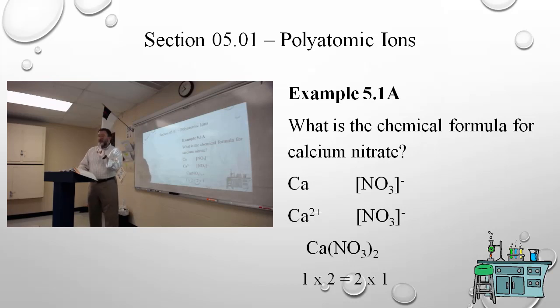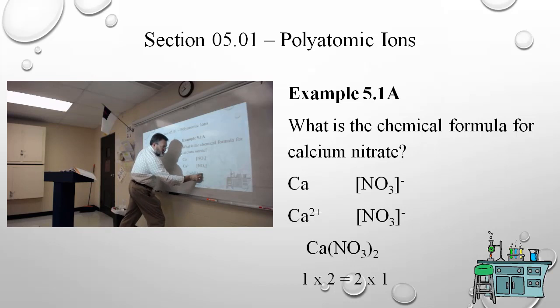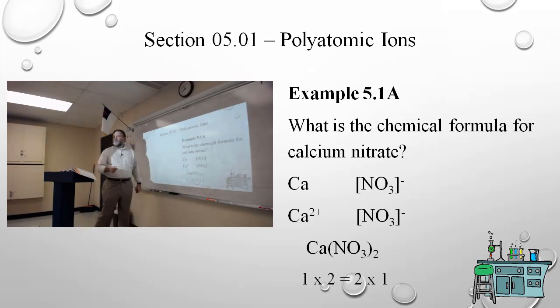How many polyatomic ions of nitrogen do I have? 2. 2 times 1 is 2. There are 2 nitrogens up here. Do you see that? Because this subscript is a multiplier for every subscript inside. I have 2 nitrate ions. Each one of those has 1 nitrogen in it. Therefore, total, I have 2 altogether.